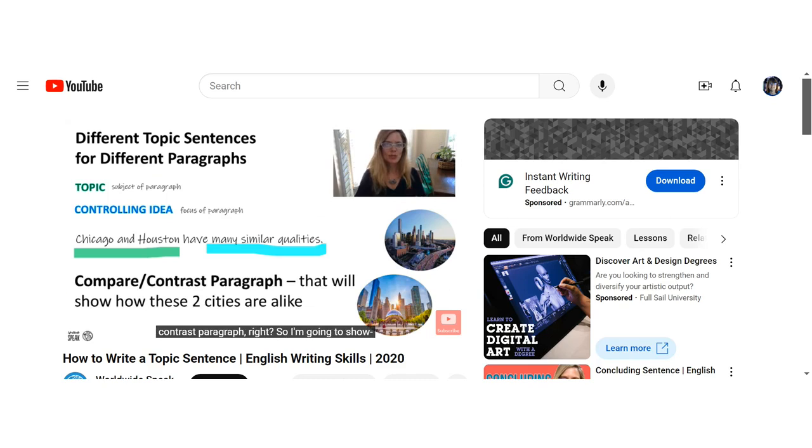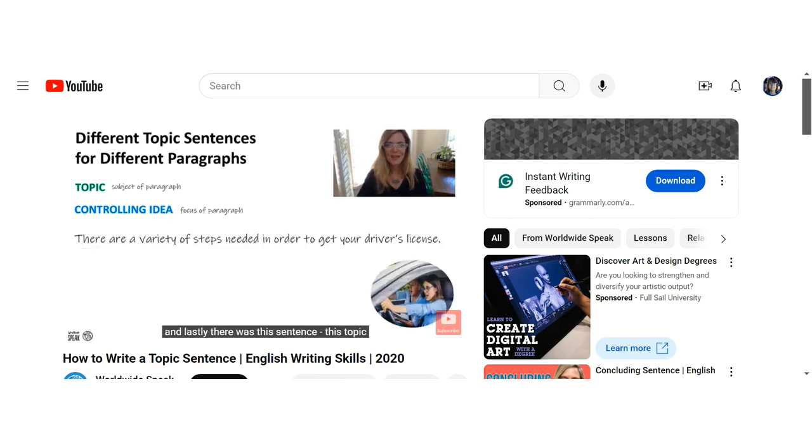So I'm going to show how these two cities are alike or how they are similar. I'm going to compare the two cities. So you know that's all I'm doing in that paragraph is I'm just going to show you how Chicago and Houston are similar.